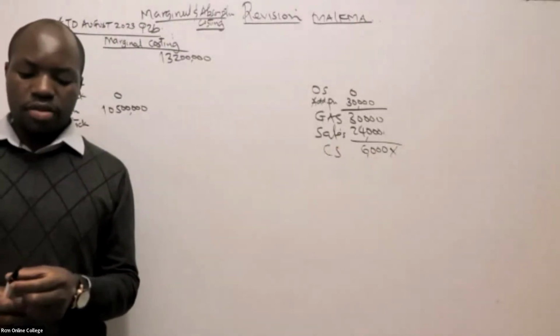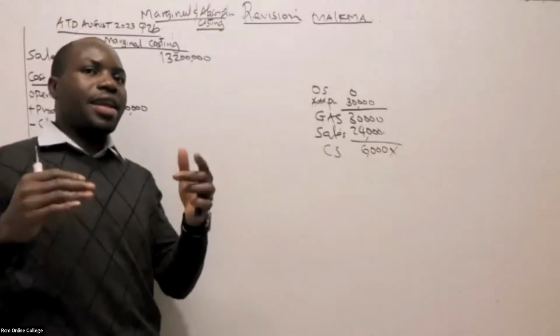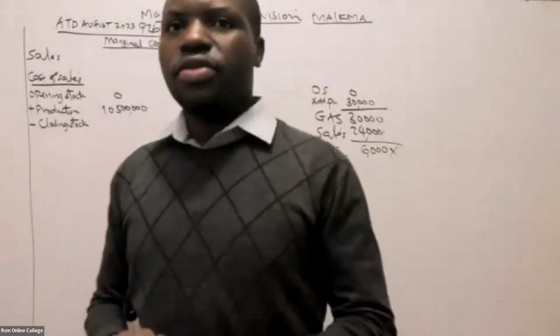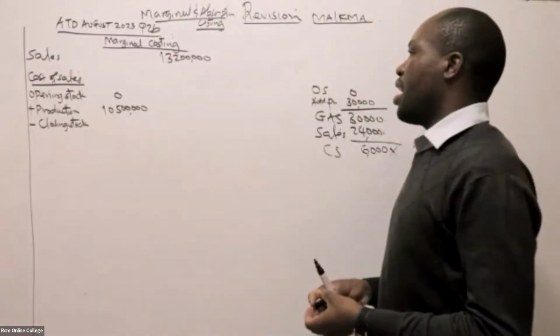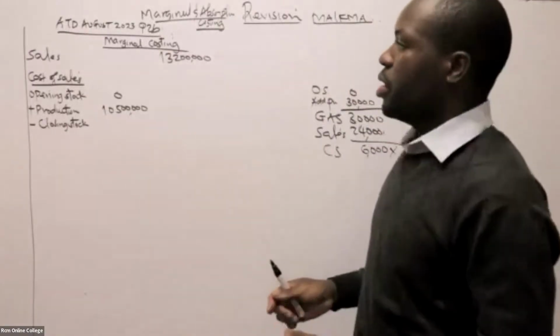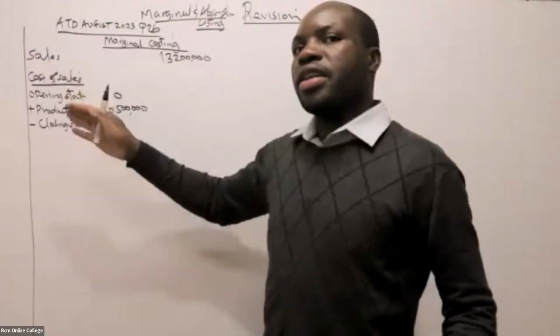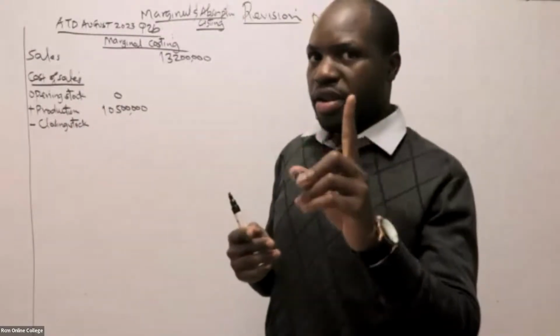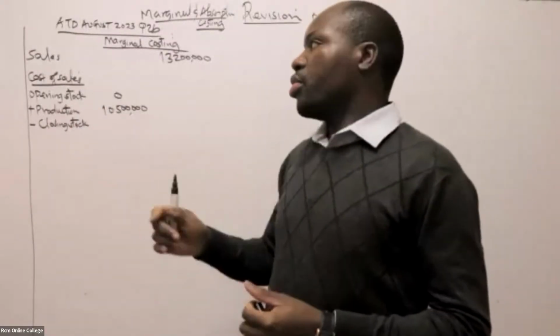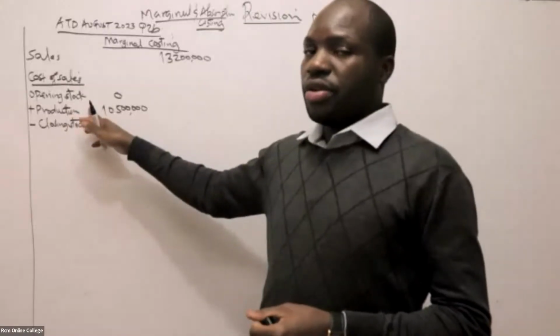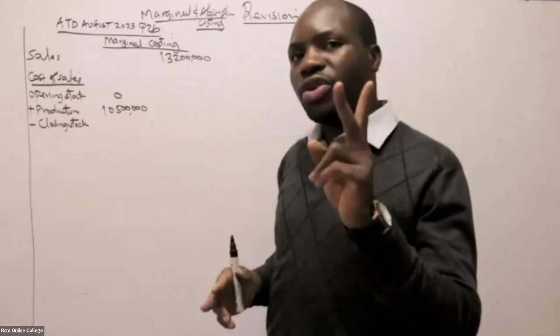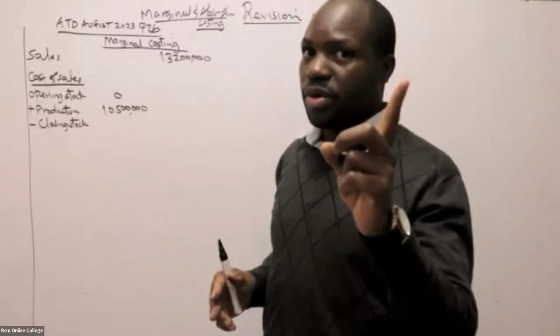So if the examiner was to be a little bit keen, they will do a very simple thing. They'll give you opening stock and give you the cost per unit of the opening stock. Then number 2, they give you production during the month. In doing so, they use different costs per unit.